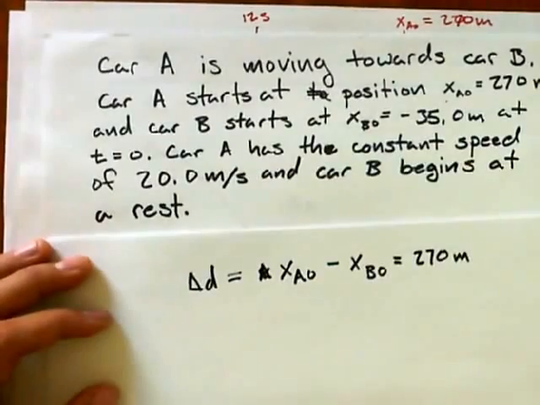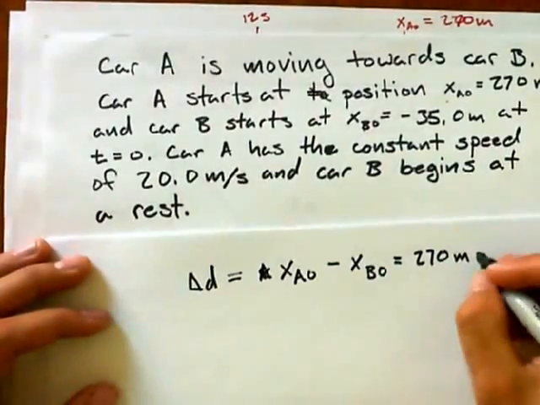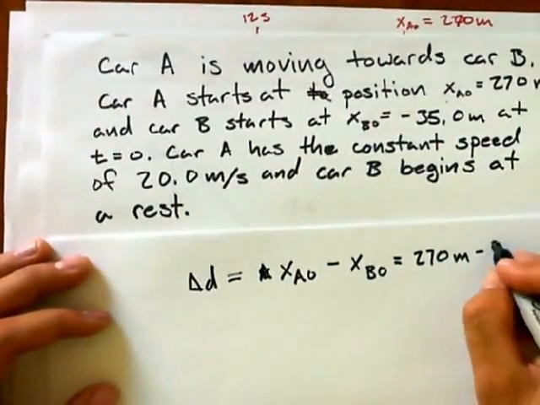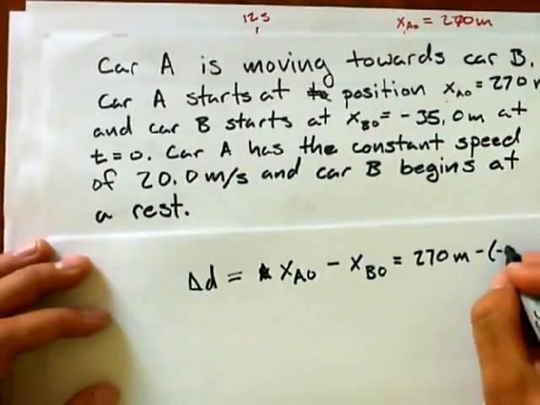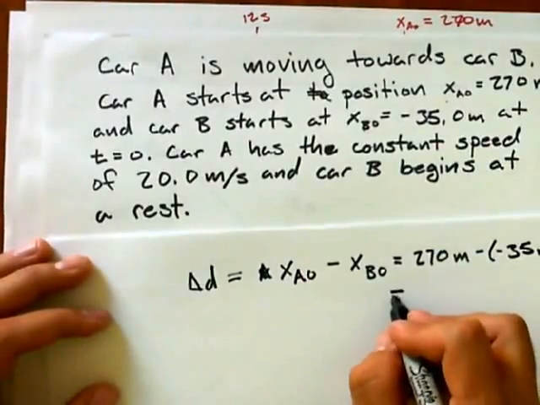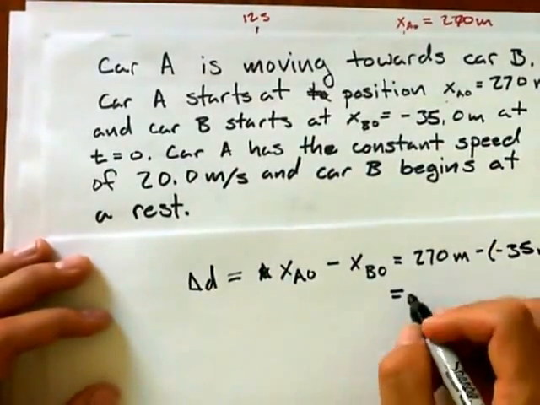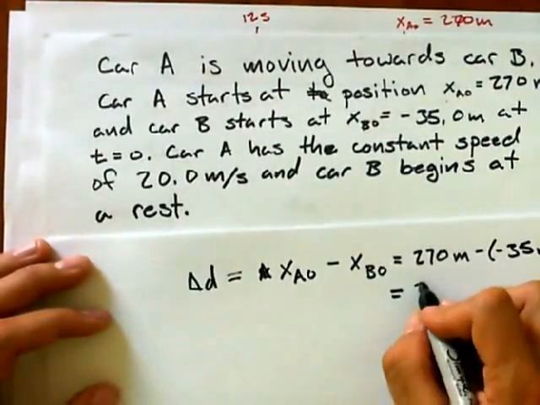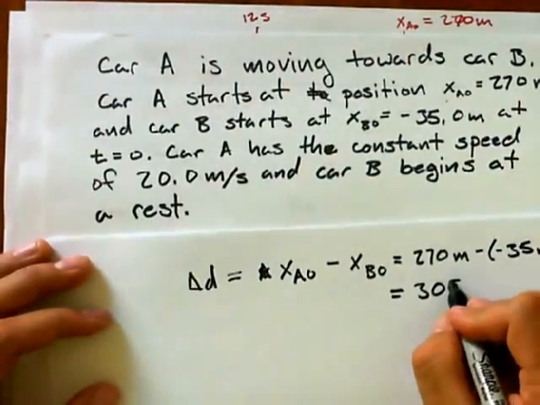Alright. And x b naught is negative 35 meters. Okay. And then that equals 305. So we have 305.